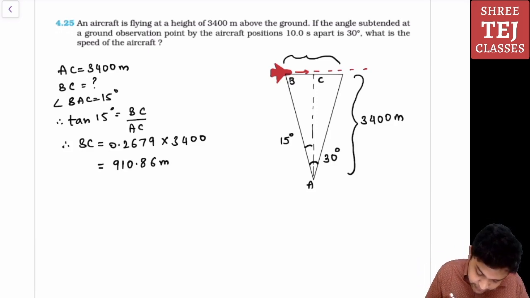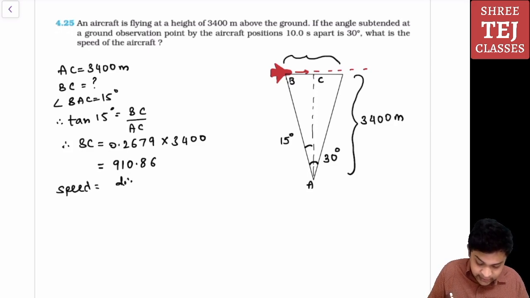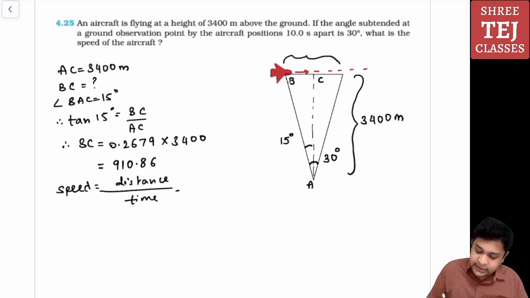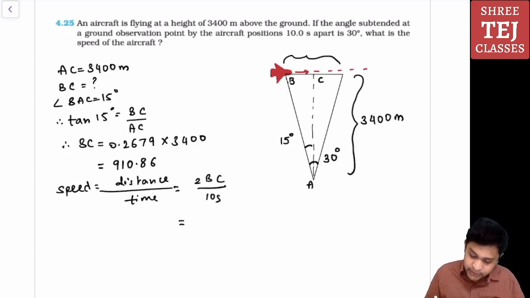So speed is distance traveled by time. Distance is twice BC divided by the time given, which is 10 seconds. So this would be 2 into 910.86 upon 10.